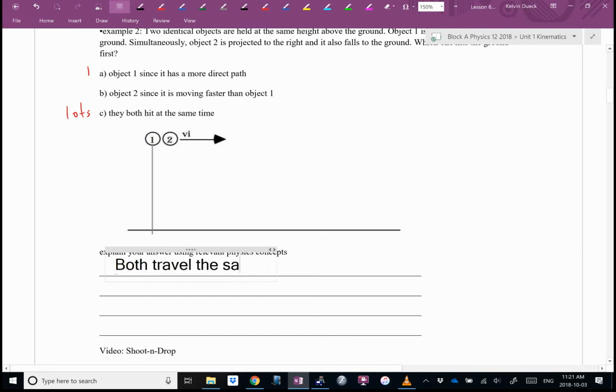Both travel the same vertical distance. What's a better way to write vertical distance? What letter would I use for distance? What letter would I use for vertical?